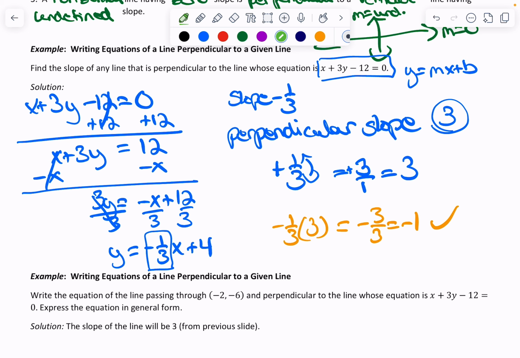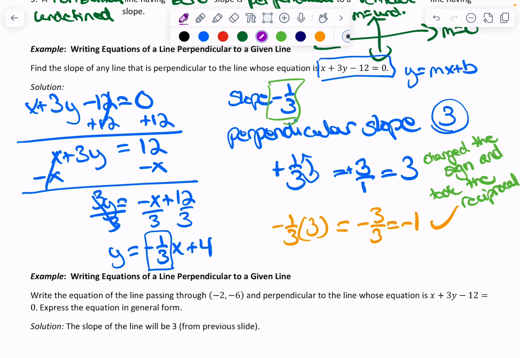We changed the sign and took the reciprocal, so flipped it over. So if our sign is a positive, it's going to be a negative, but in our case, it's a negative, so that's why we change it into a positive.